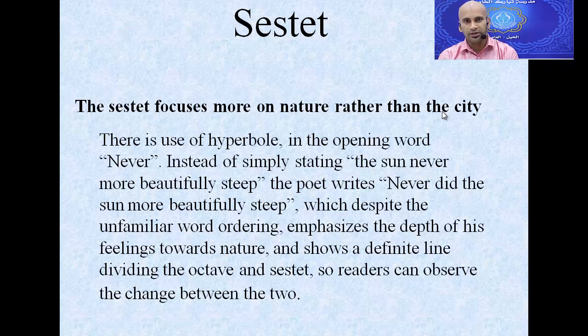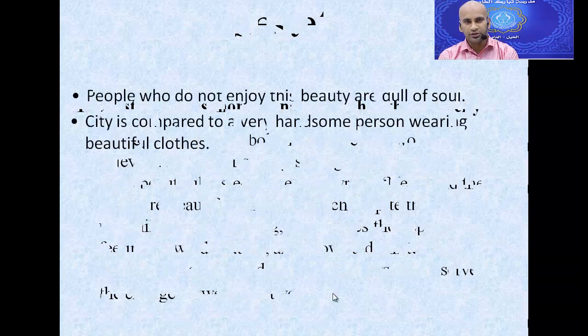This is indeed a hyperbole. But for a poet who loves nature and has written a lot of poems on nature, this is a very different expression, that sunrise was more beautiful in the city than in the village.